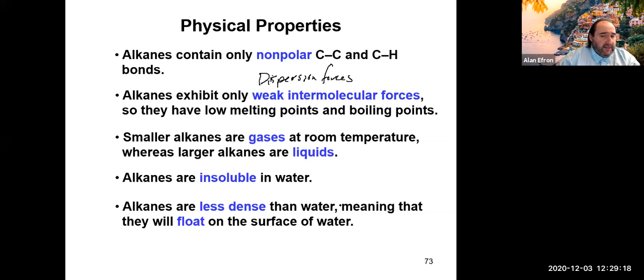And as I mentioned earlier today, the result is very low melting points and boiling points. So you expect alkanes and hydrocarbons to have very low melting and boiling points. That's also why a lot of the smaller ones are gases at room temperature, and even larger ones are liquids at room temperature. They don't have a lot of association between them, which is why a lot of organic compounds are volatile. They go into the gas phase very easily.